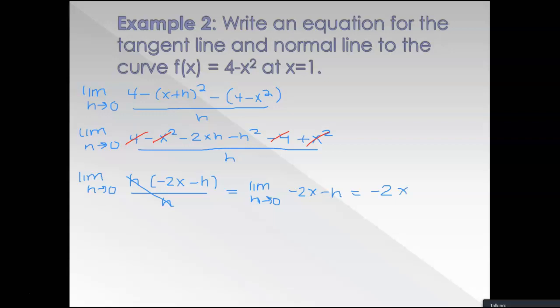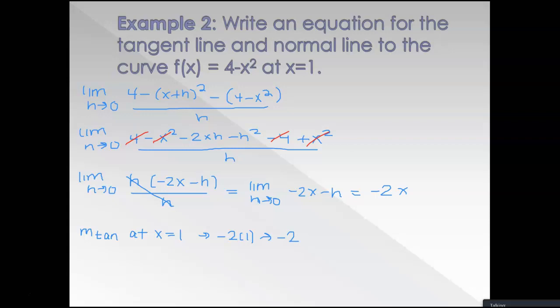So we see that the slope is equal to negative 2x. So now the slope of the tangent at x equals 1 is equal to negative 2 times 1, or negative 2.